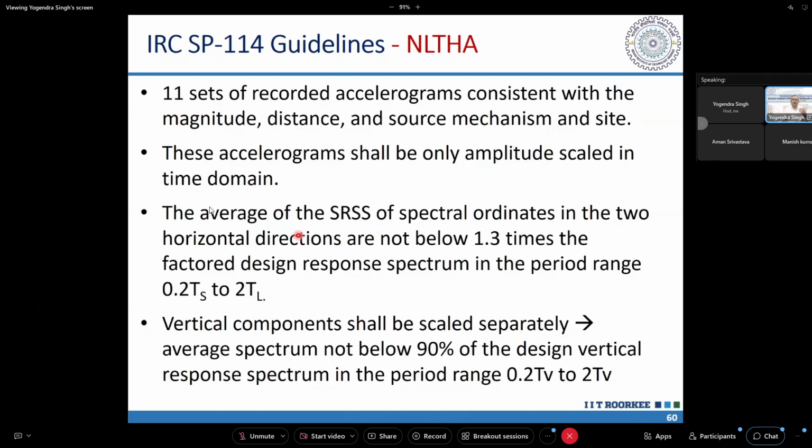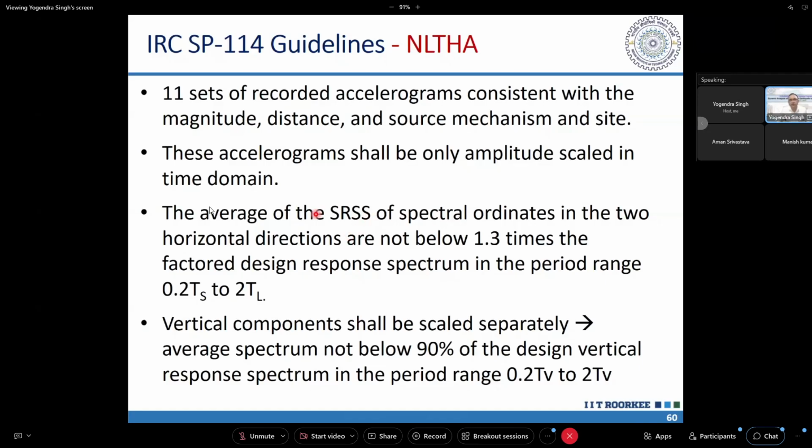So we allow the combined SRSS response spectrum to be up to 90%, slightly below, because here we are using recorded accelerograms without any spectral matching. So here we are not doing spectral matching. We are only doing time domain scaling.